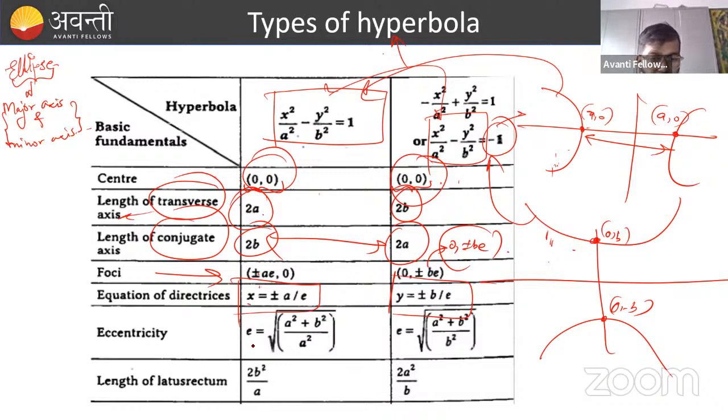For eccentricity, since we want a value greater than 1, you can always see that in a square plus b square, the numerator is always greater than the denominator. When the hyperbola is of this form, the denominator is a square, and when it is of this form, the denominator is b square. In both cases the numerator is greater than the denominator, hence eccentricity will be greater than 1.